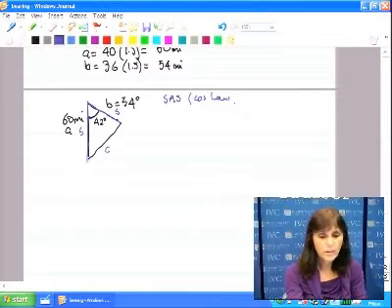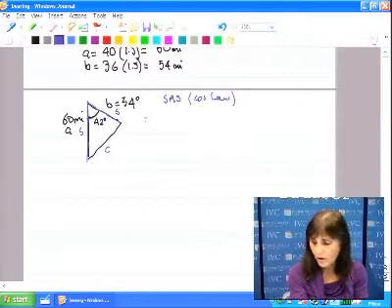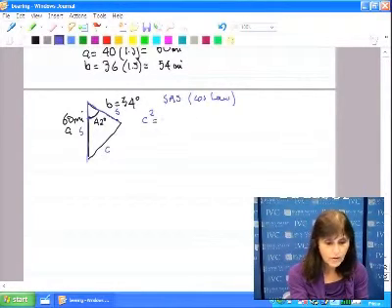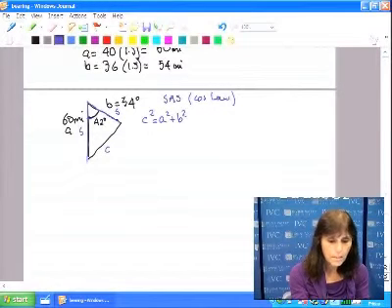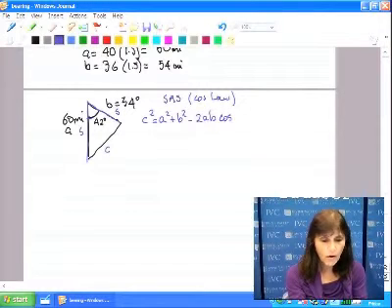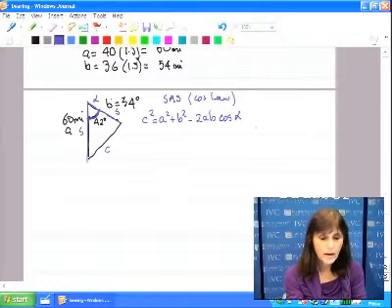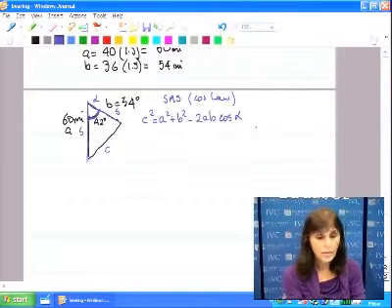Now I'm going to write the cosine law in terms of C, A, and B. Okay, here we go. C squared is A squared plus B squared minus 2AB cosine of the angle between the two of them. Let's say this is alpha. Now I'm going to plug in the numbers.